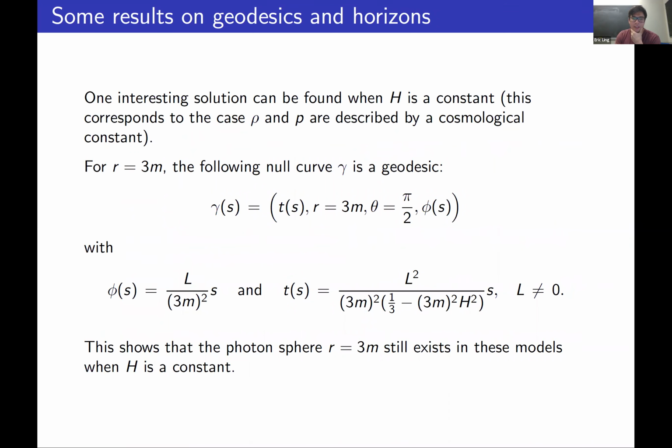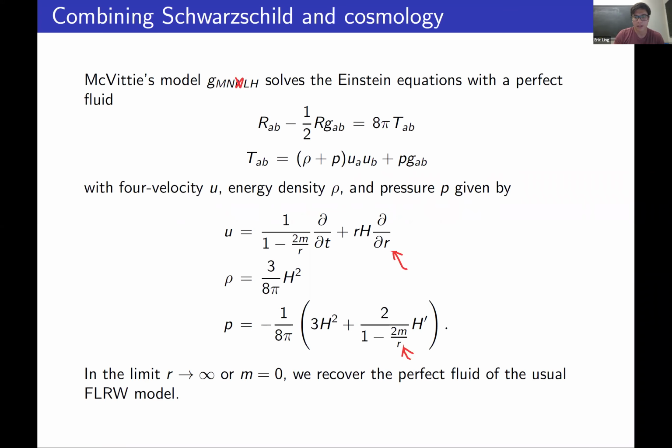But what we did was we did actually find one particularly interesting solution. So one interesting solution can be found when h is a constant. And so this corresponds to the case when rho and p are described by a cosmological constant. And so we can see that actually. So before I do that, let's just go back over here and let's compare rho and p.